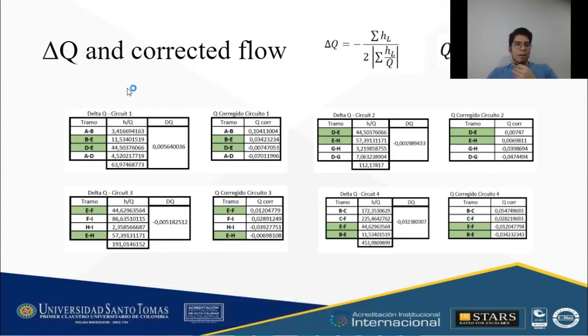So now for the delta Q, or delta flow, we have to correct this flow.